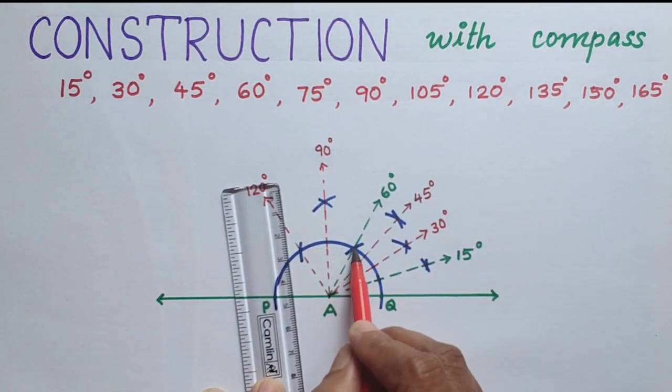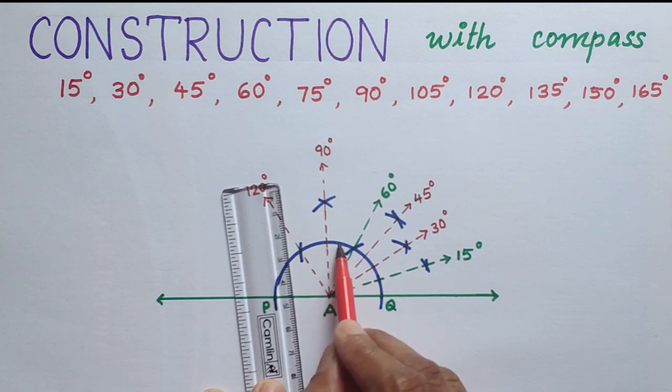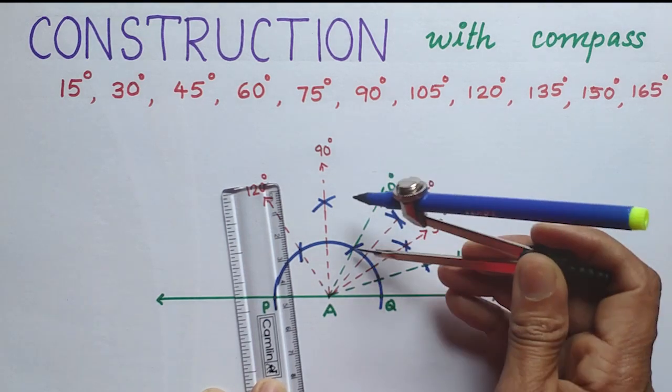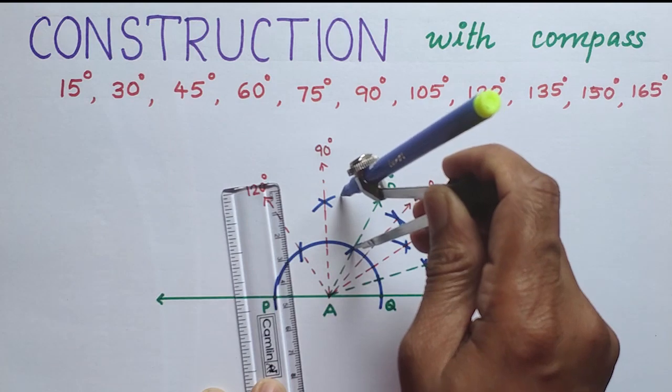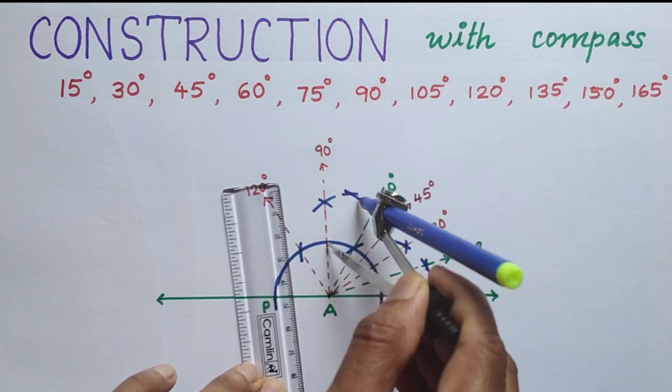Then if we bisect 60 and 90, this part, in between 60 and 90, 75 comes. So if we bisect that part, we will get 75 degree. For that, place the metal tip on this angle 60 and 90. Join.